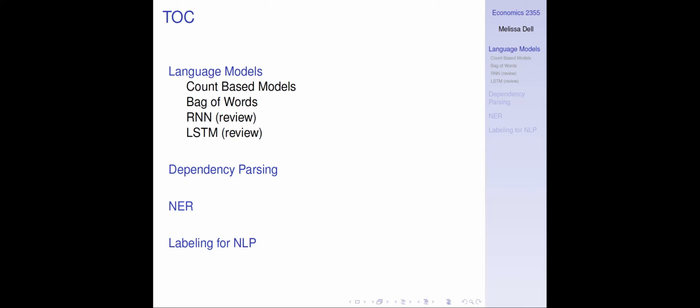There are some zero-shot or few-shot approaches, but in general you have to tell the model what a sentiment is, so you're going to need to label. This lecture is a bit of a potpourri of different topics that weren't enough to have an entire lecture on their own, but are things you should know about if you're using NLP.